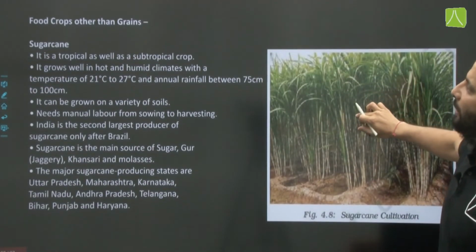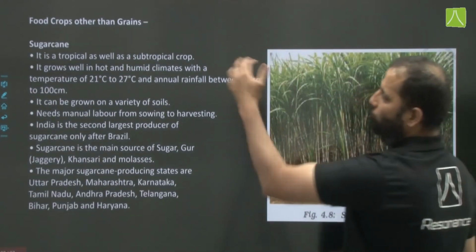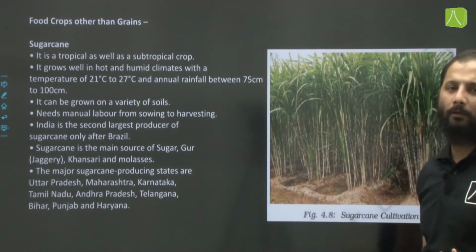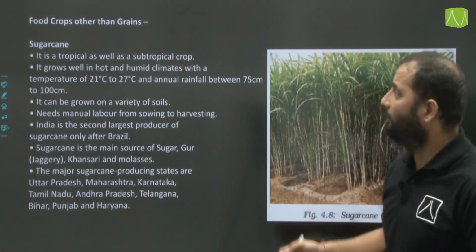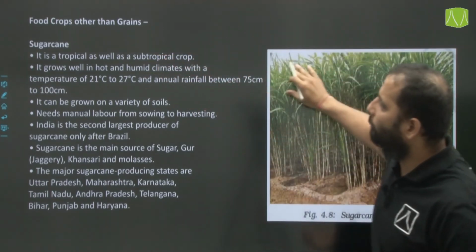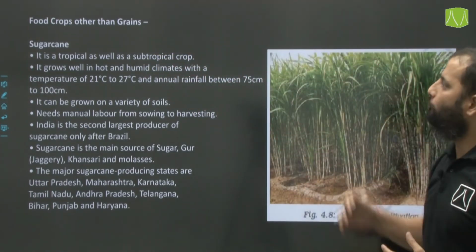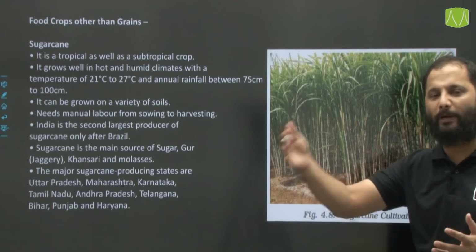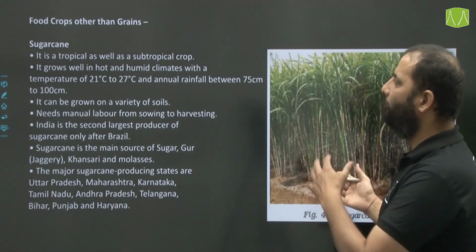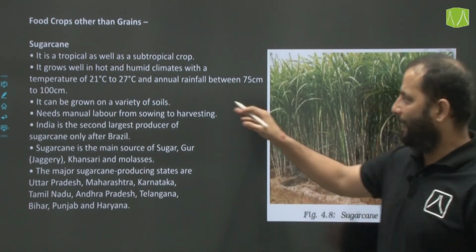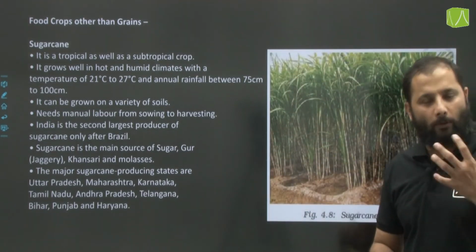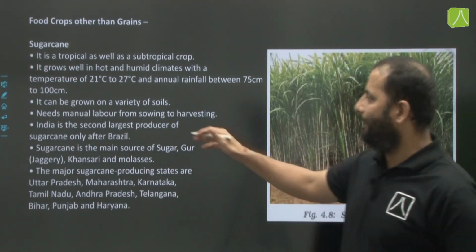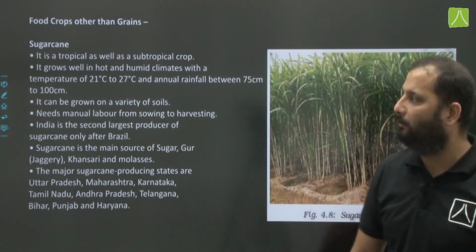Now, food crops other than grains: your sugarcane, an important aspect of your sugar industry, the most important raw material. It is a tropical as well as subtropical crop, grows well in hot and humid climates, with temperature ranging between 21 to 27 degrees and annual rainfall between 75 to 100 centimeters. It can be grown on a variety of soils, needs manual labor from sowing till harvesting, and India is the second largest producer after Brazil.